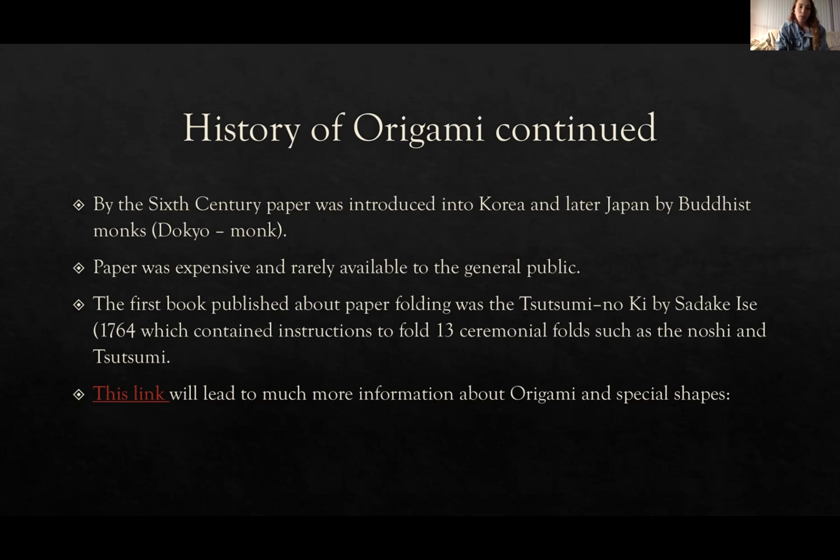The first book published about paper folding was the Tsutsumi no Ki by Sadaki Ice in 1764, which contained instructions to fold 13 ceremonial folds, such as the Noshi and Tsutsumi. And here's a link that will give some more information about origami and special shapes if you're interested.